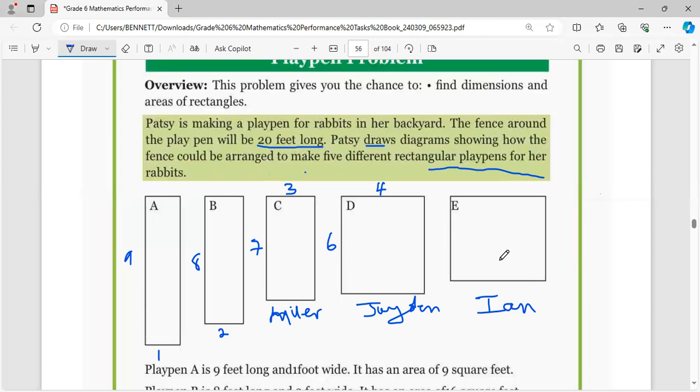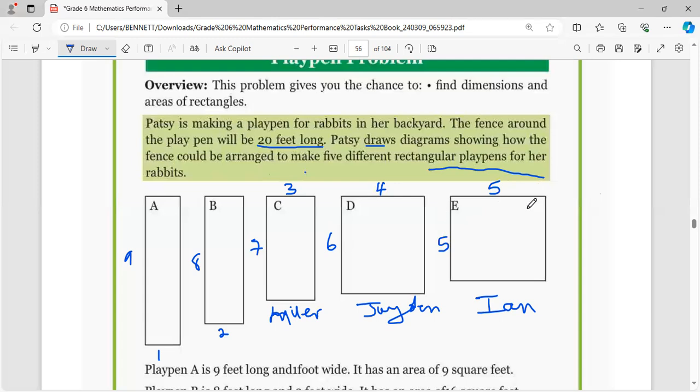Alright, so guys, someone actually did the first two like this with the 7, 3, 6, 4, right? But I think the person was thinking, this can be a square, so no way it can be 5, 5. We had discussed that already, right? A square is a rectangle actually, while a rectangle is not a square.